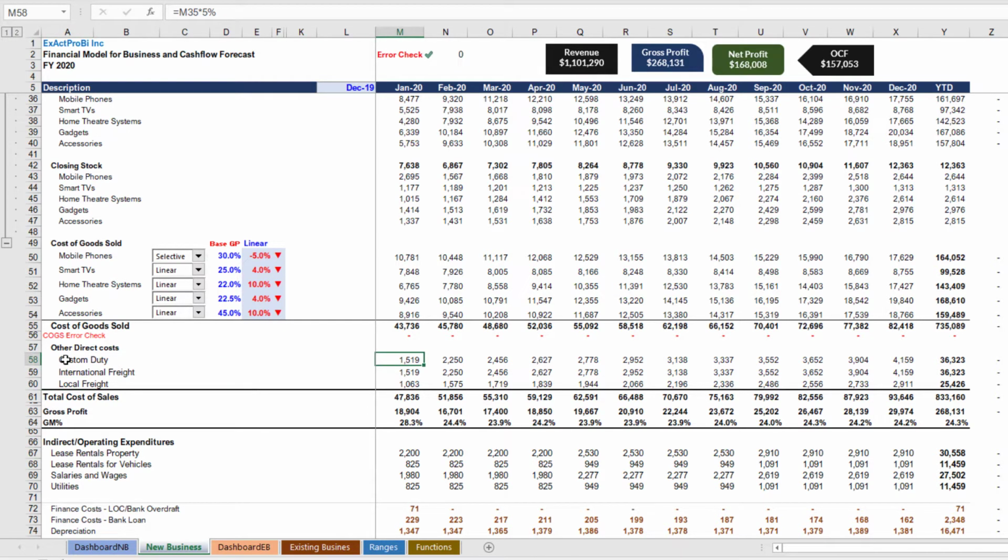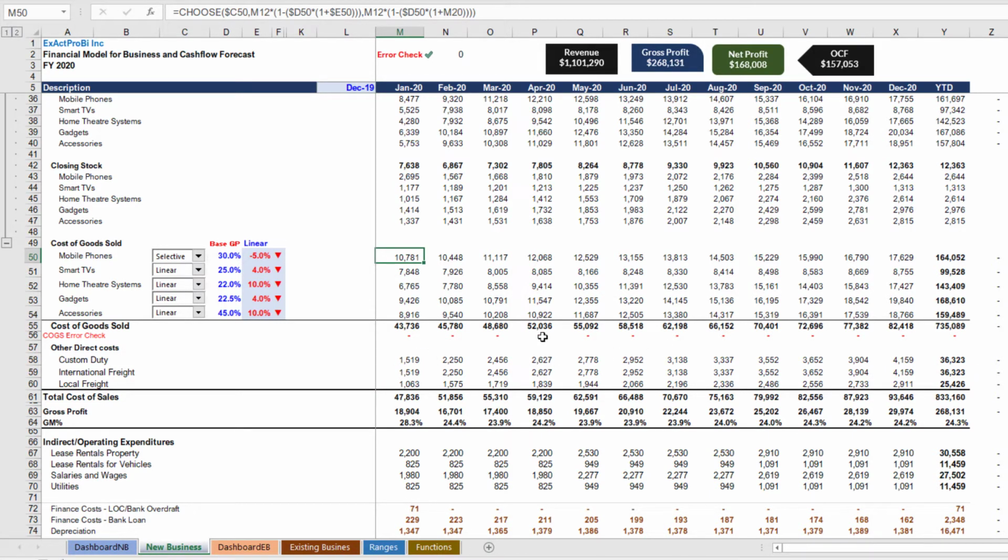So for this particular scenario, we have 3 direct costs directly related to our purchase: custom duty, international freight and local freight. Those are also percentage assumptions, which are 5% for custom duty, 5% for international freight, and 3.5% for local freight. Whenever these figures change, this will also change.